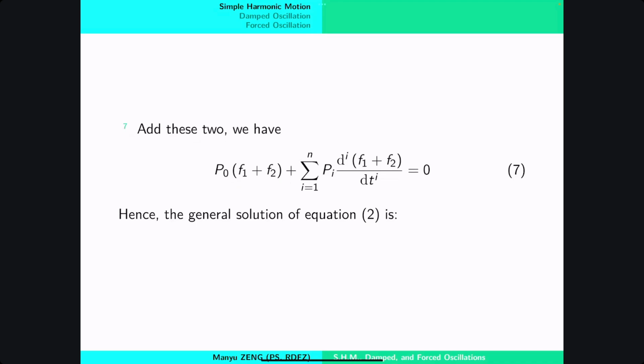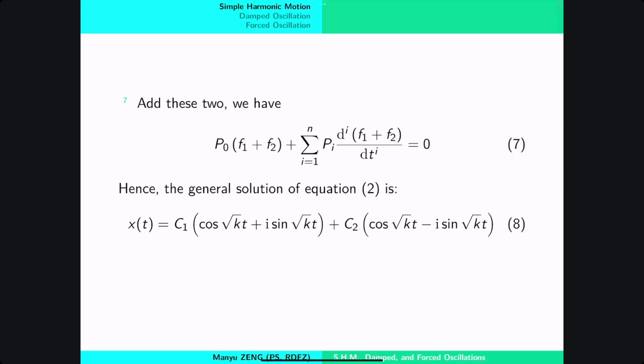The second order ODE always has two arbitrary constants that cannot be simplified into one arbitrary constant. So in this case, we have c1 and c2, and this cannot be simplified into one arbitrary constant because f1 and f2 are different, right? We will talk about this simplification rule later on.